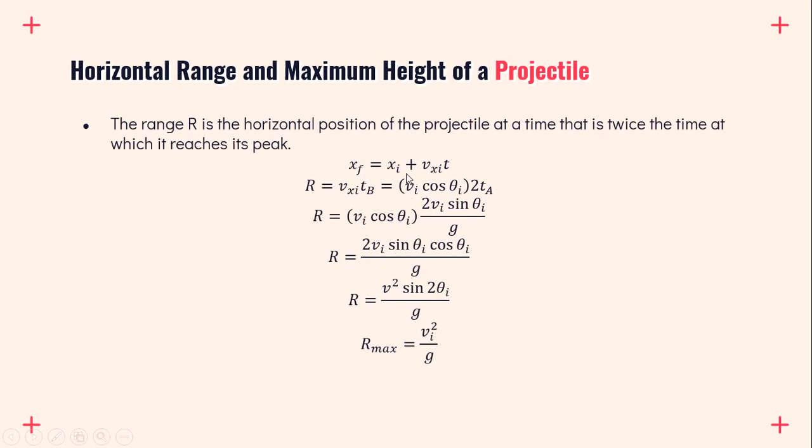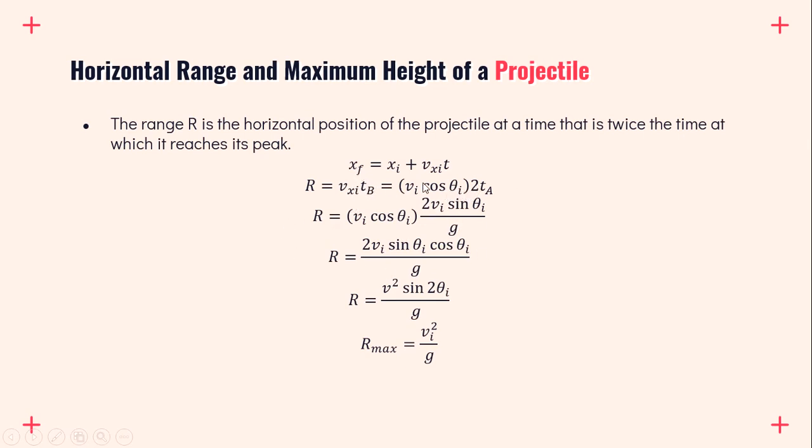So xf is equal to xi plus vxi t. So you have R, which is equal to vx TB, since the velocity of the projectile does not change over time. We have vxi, which is vi cosine theta, times 2TA, which is equal to TB.